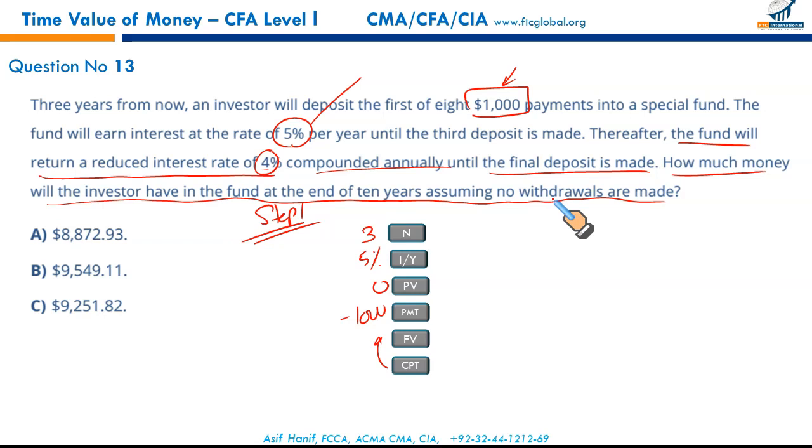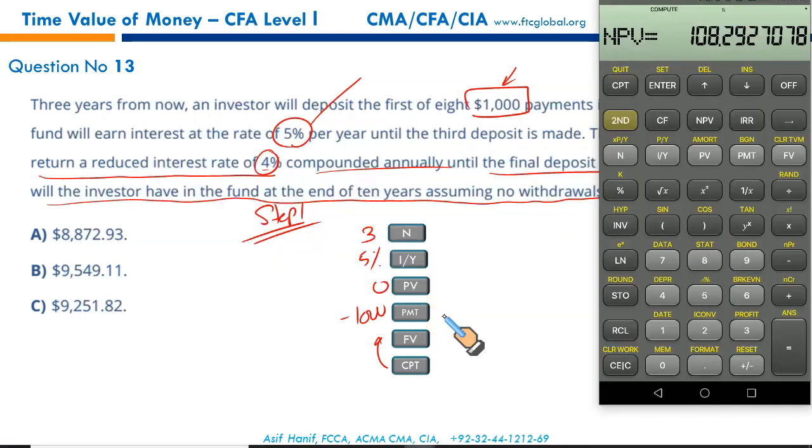Now, let us first find out the future value of these payments using our calculator function. 3 is N, 5%, present value 0, payments that are being made 1,000, that's PMT. You need to calculate the future value, that is 3152.